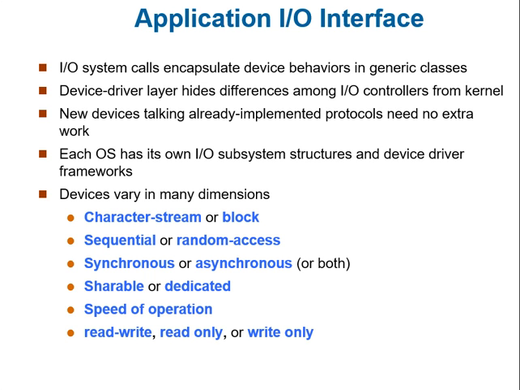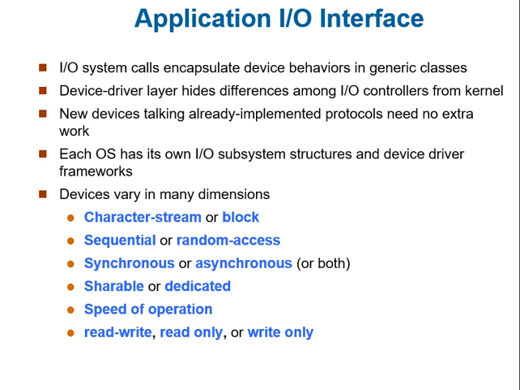The purpose of this device driver is actually to hide the differences among the device controllers from the I/O subsystem of the kernel, so that the kernel only sees the standard interface or standard form of connectivity.